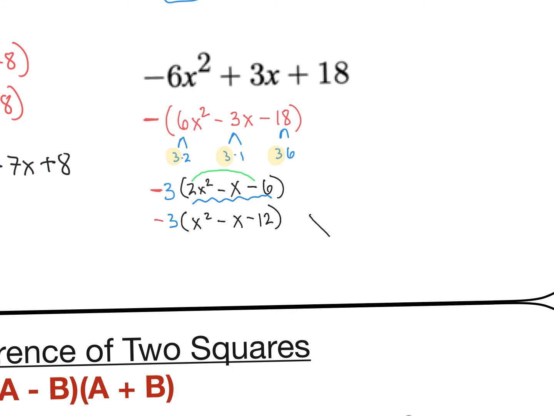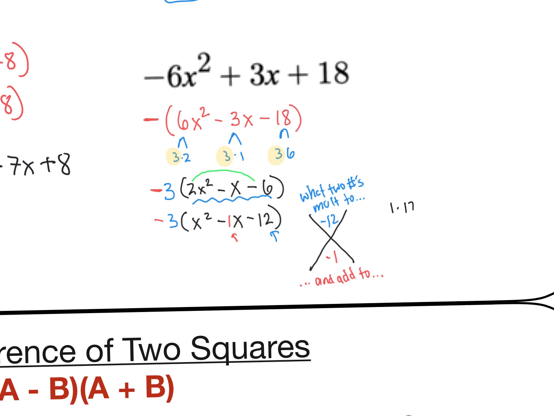And now we do that same question. What two numbers multiply to the negative 12 right here and add to this, which is negative 1? We already know ahead of time that one of them has to be negative, because this has to be a positive times a negative to get that negative 12.